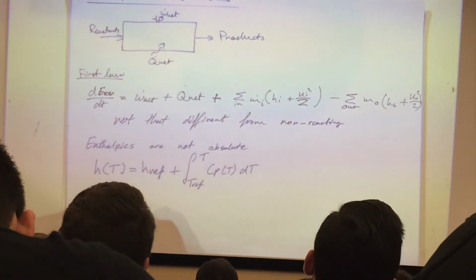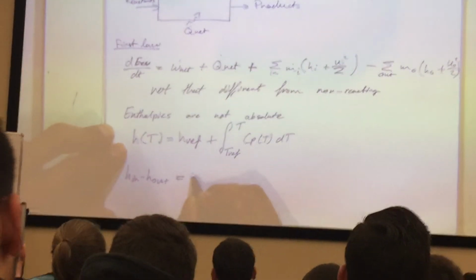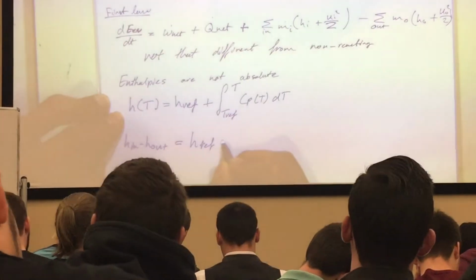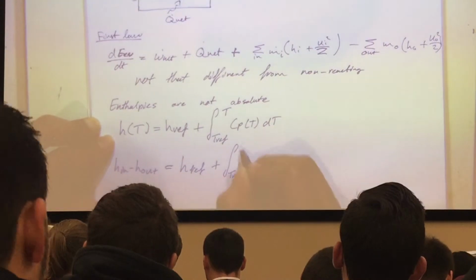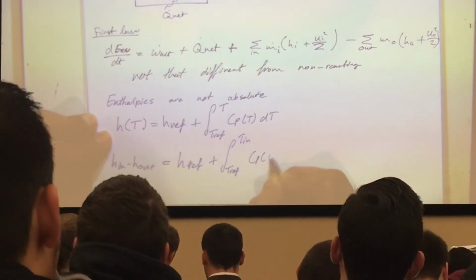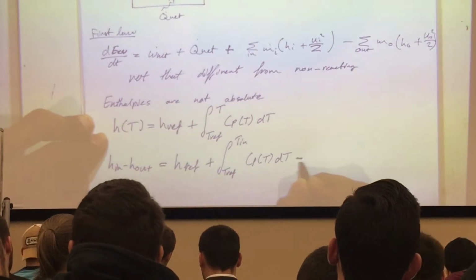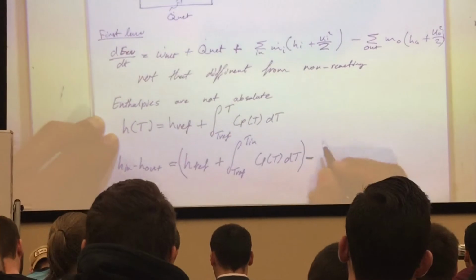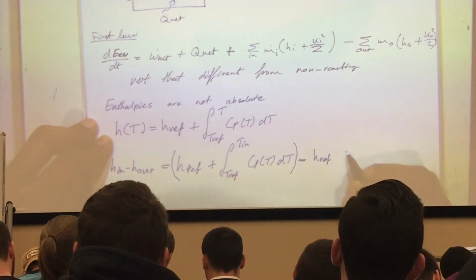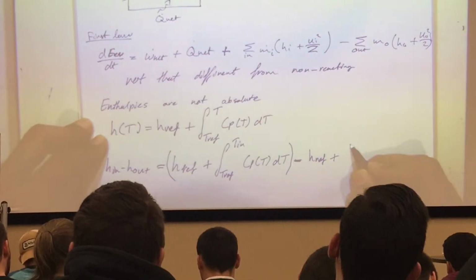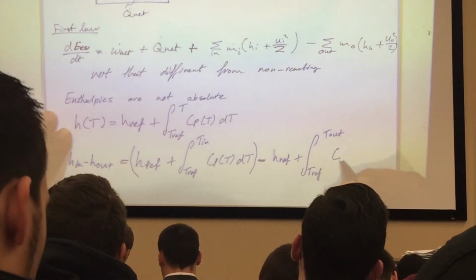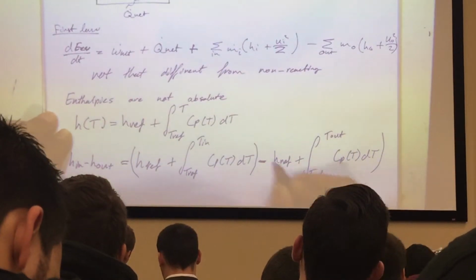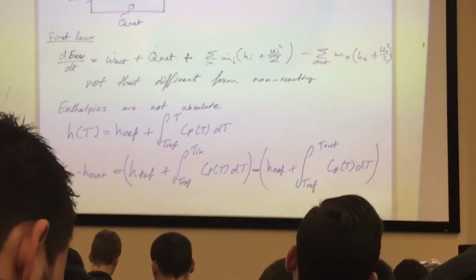So H in minus H out is going to equal H reference plus the integral from T reference to T in of Cp dT, minus this whole thing, H reference plus the integral from T reference to T out of Cp(T) dT.